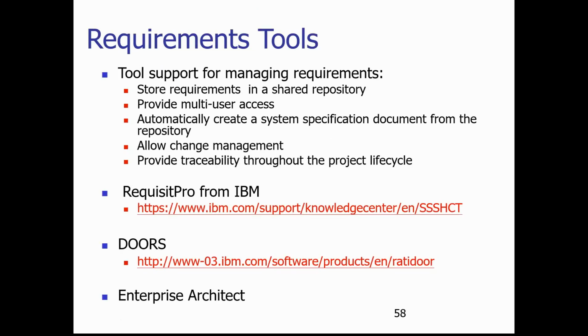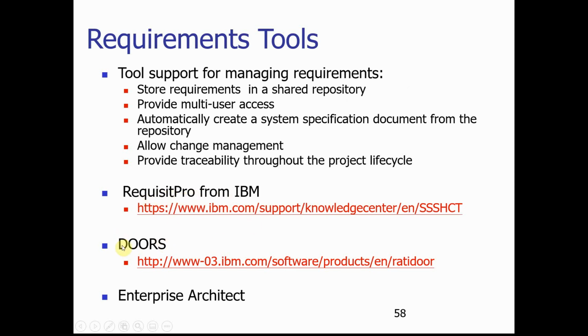Requirement tools. There are many tools that support requirements. We know requirement engineering needs collaboration between different teams, the customer, even the developers internally. You have multiple people working on the requirement, so the requirement tools should support this kind of collaboration. Here we have Requisite Pro from IBM.